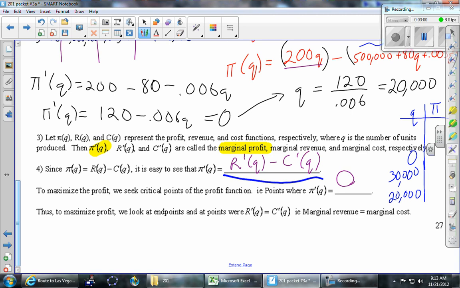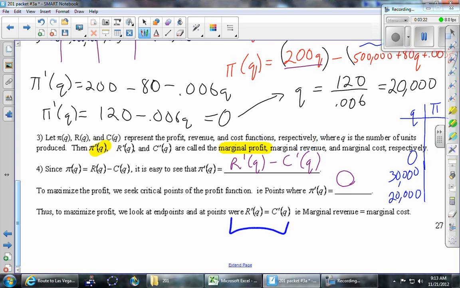How do I make this thing 0? Yeah, what must be true about r prime and c prime if this is supposed to be 0? It better be equal, right? If I want that to equal 0, then r prime and c prime had better be exactly the same number. So that's what's written down here.